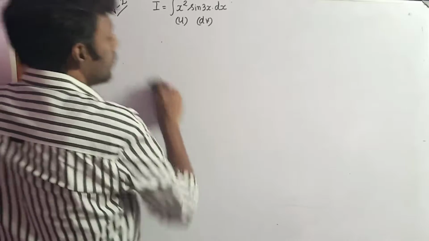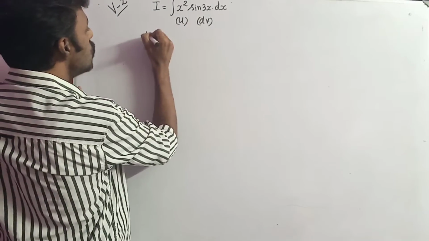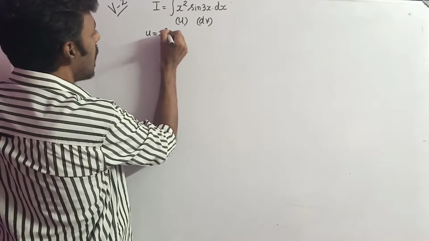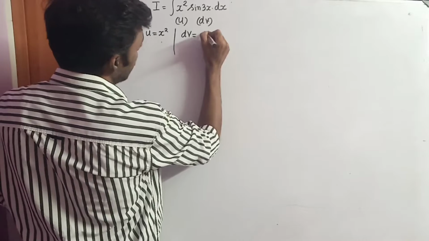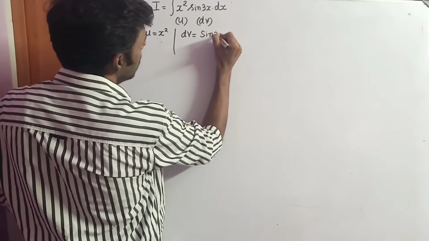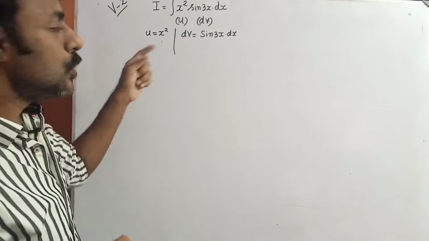So first I take the terms separately: u equal to x squared and dv equal to sine 3x into dx.